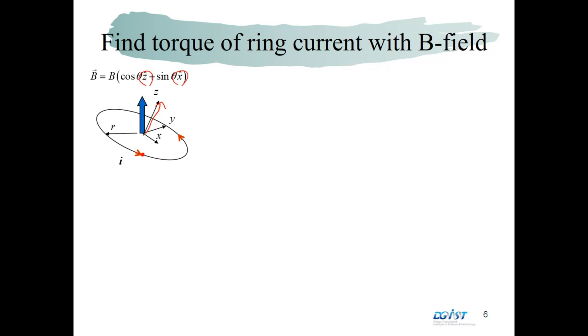This is the definition of our coordinate system. If we take a look at the motion of the charged particle, let's say there's some charge Q rotating something like this in an XY plane. We can always define the motion in the XY plane if we have a circular motion.